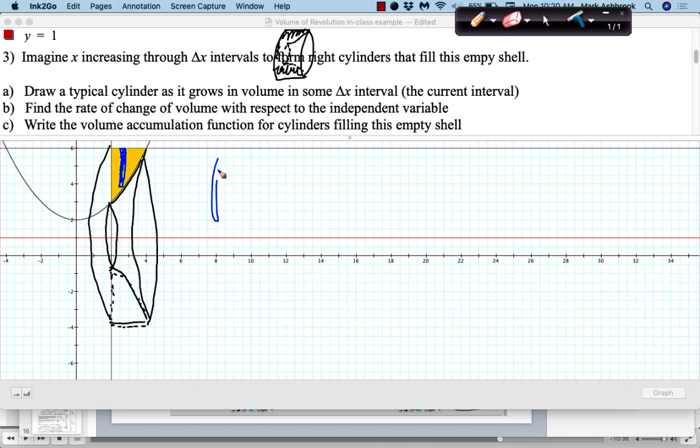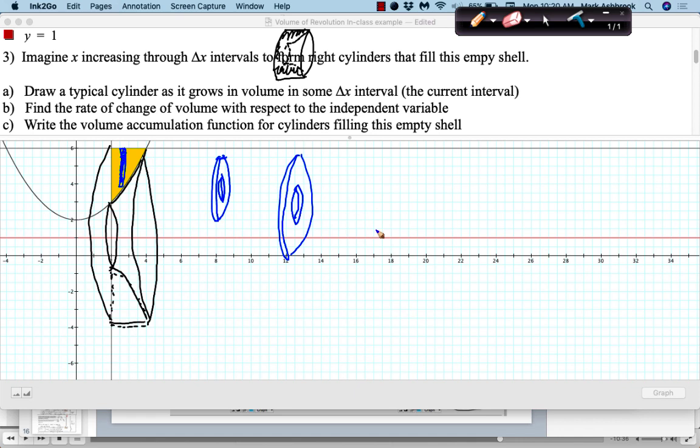I'll just make a small one, so it doesn't make a mess. That's what a typical cylinder is going to look like: a washer standing up on end as x increases through delta x intervals.